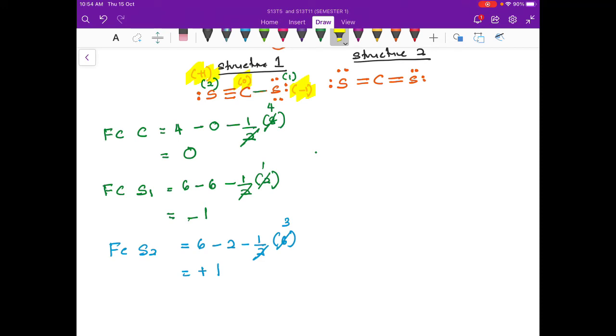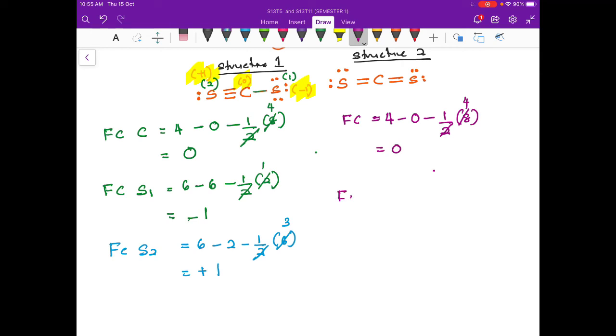So now let's look at structure number 2 that we proposed. We have 2 identical sulfur, so we calculate just one. Formal charge of carbon: 4 minus 0, because there is no lone pair around carbon, minus half of 8, becomes 0.